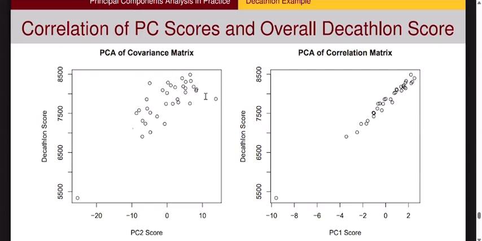This is kind of spread out. This is saying that there's little or no correlation between the Decathlon score and the PC2 score. But when you come to the correlation, oh my God, the relationship is a straight line. Can you see that? Between the Decathlon score and the PC1 score. That's what you can see there.